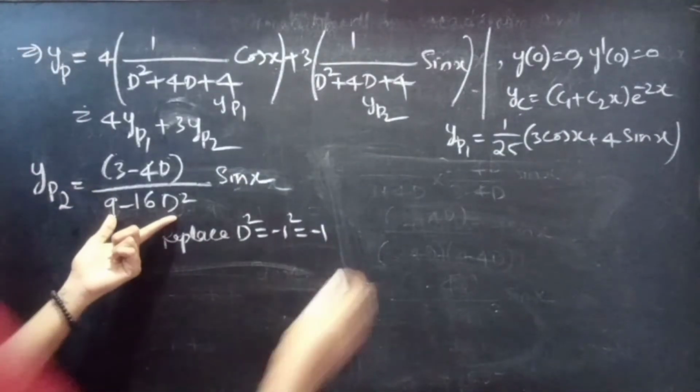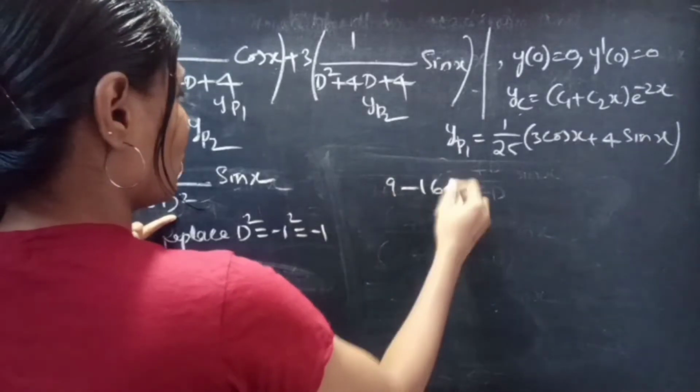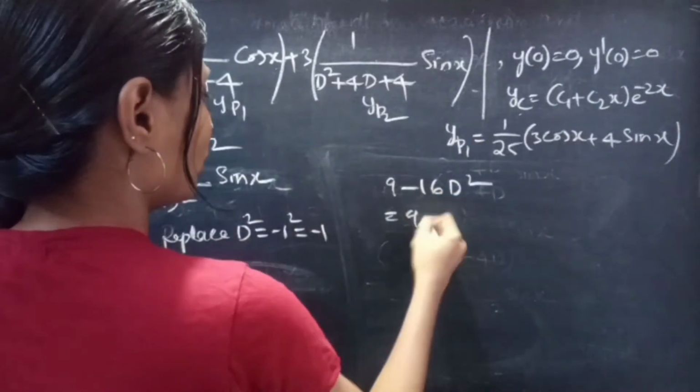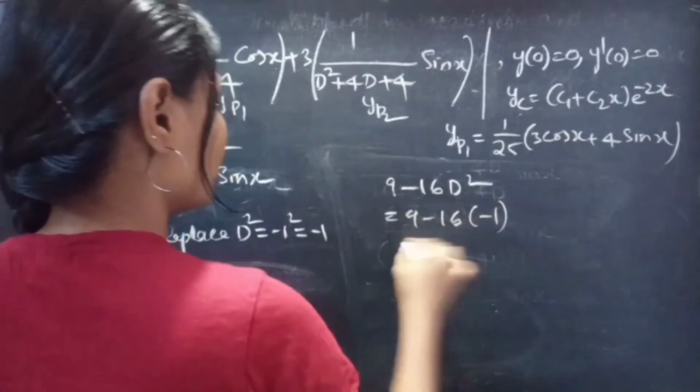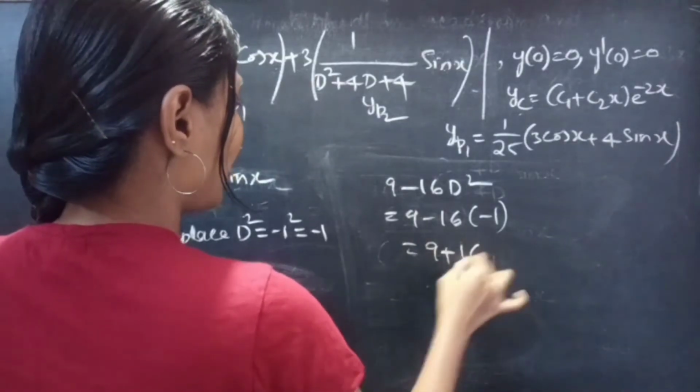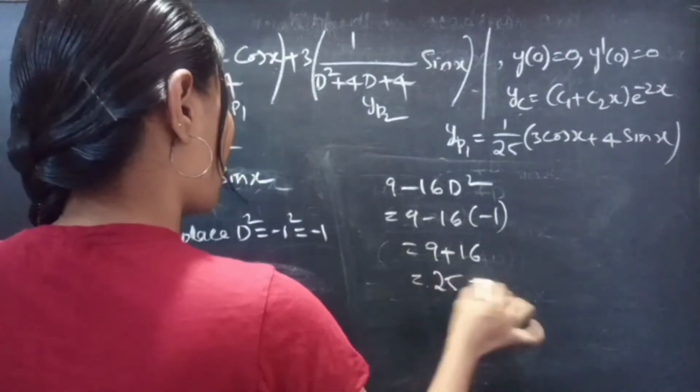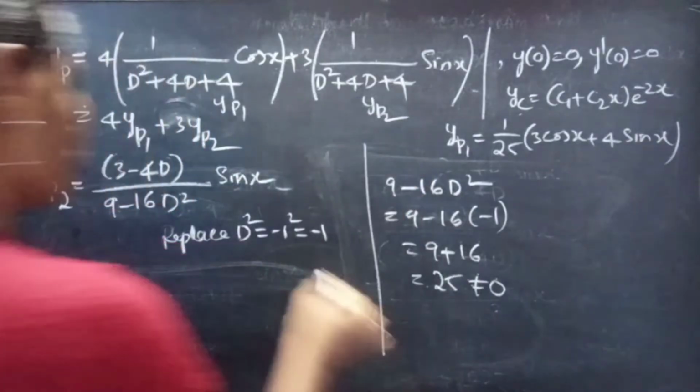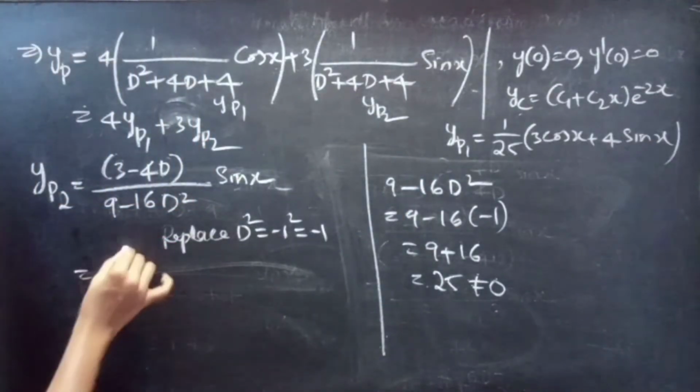Now take the denominator part and replace D square by minus 1. We'll get 9 plus 16, which is 25, non-zero, right? So we can replace D square by minus 1 in the denominator.